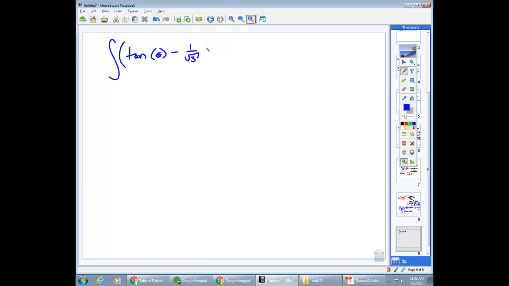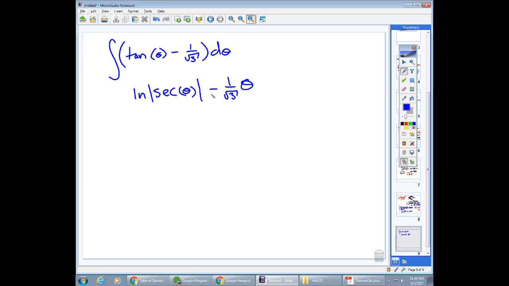Am I doing all right? And then we can take that. What's the antiderivative for tangent? Natural log of secant, yeah. So it is the natural log of the absolute value of the secant of theta, and then minus 1 over square root of 3 theta.